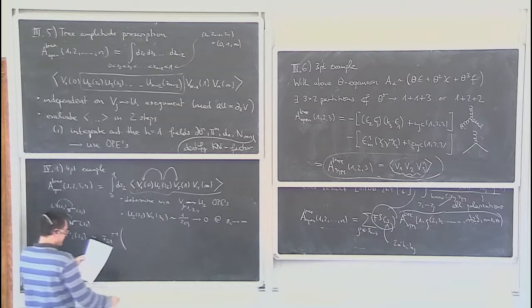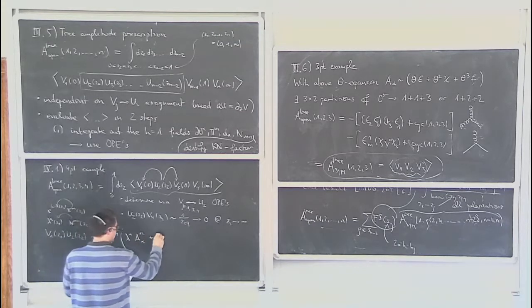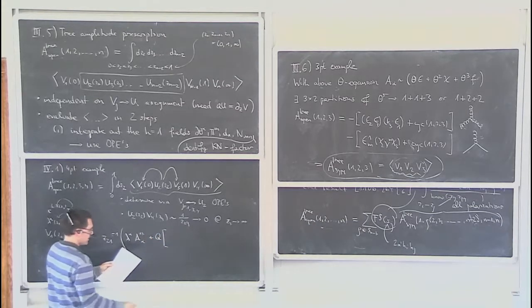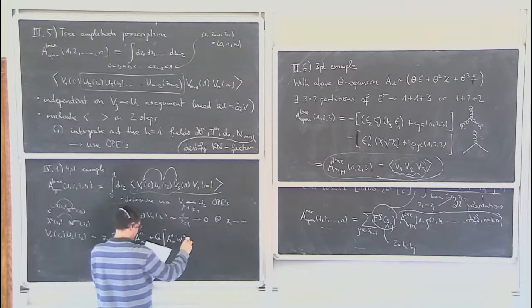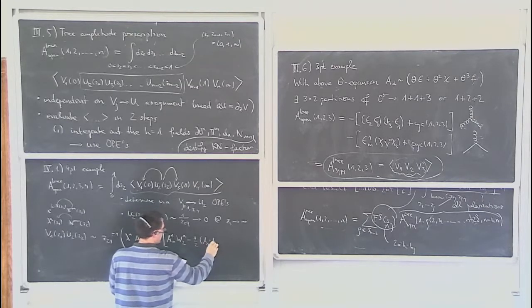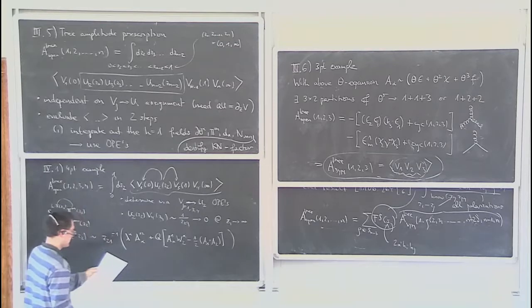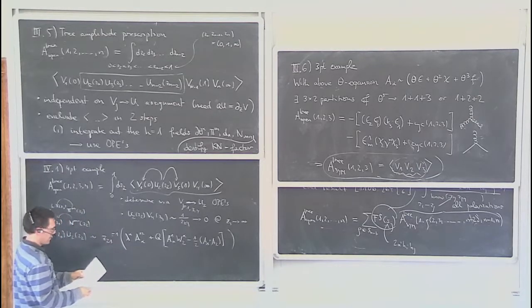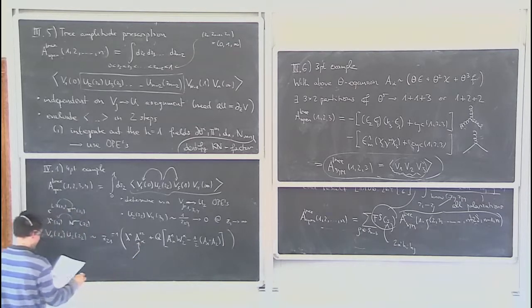Let me now organize the outcome in a particular way. I'll split the answer into a BRST exact part and some BRST non-trivial part. This only makes sense if I tell you what A alpha is.